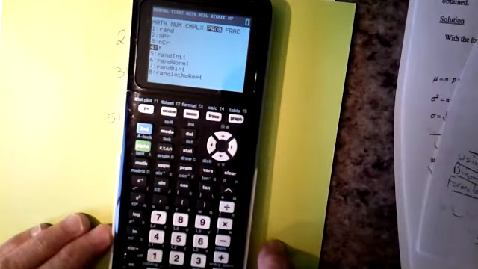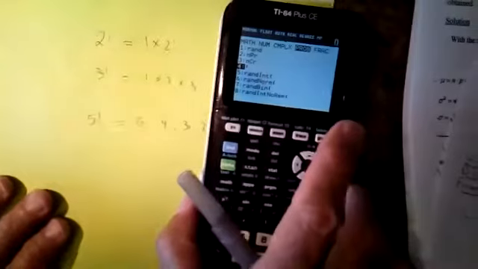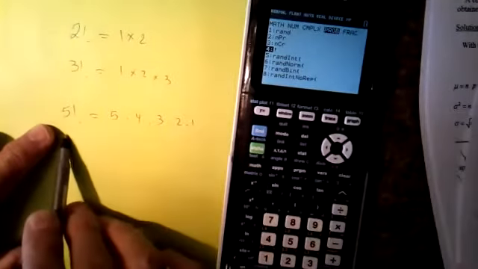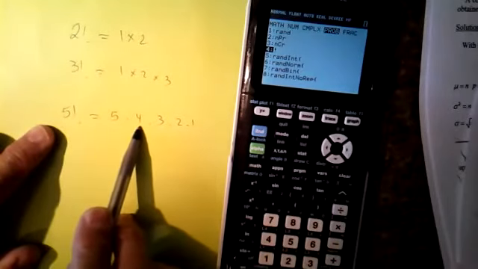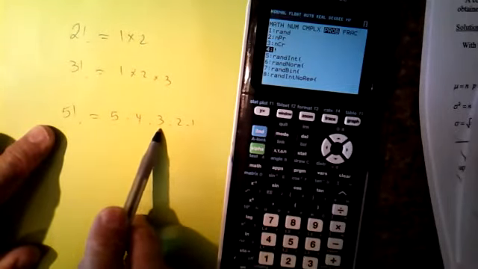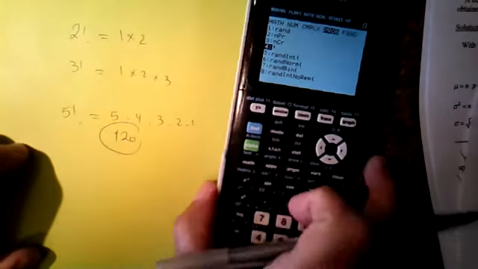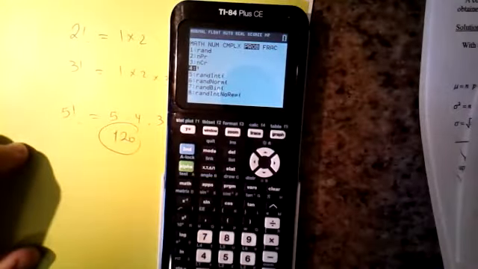Let's try something where you know the answer, like 5 factorial. 5 times 4 is 20, 20 times 3 is 60, times 2 is 120. 5 factorial is 120, okay? So I want to use the calculator for that.